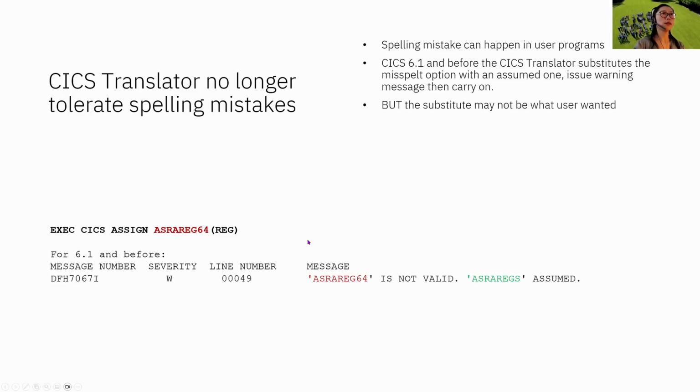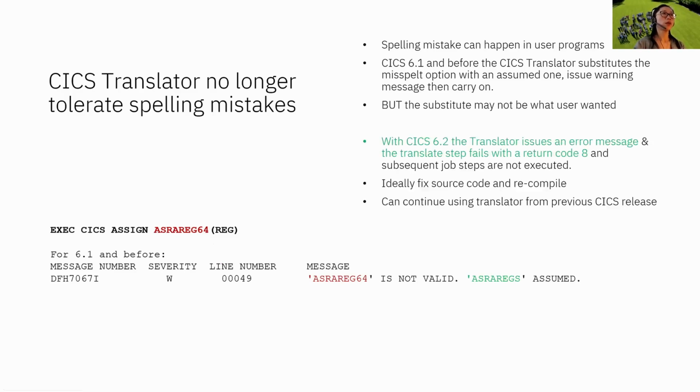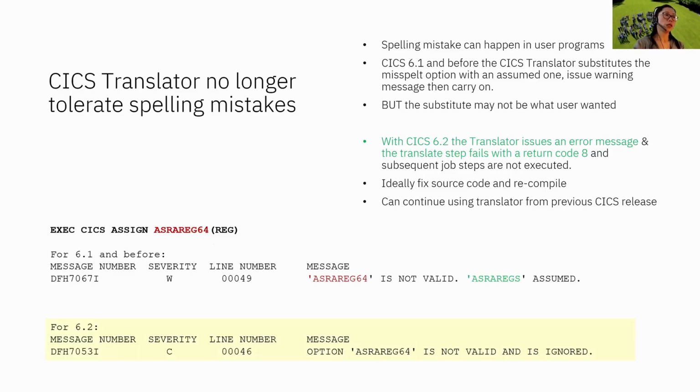But in the end, you may not want REGS because you do want a 64-bit register in these circumstances. So with 6.2, the CICS translator will issue an error message instead of a warning message and will fail the translate step with a return code 8. So subsequent job steps are not executed. This is an example with the same source code in the application program, compiled and translated using the 6.2 library.